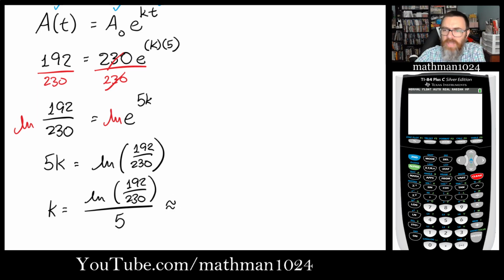So let's type that into the calculator and see what we come up with. We have the natural log of 192 divided by 230. Make sure you close your parentheses, and then divide by 5. So this is approximately negative 0.0361.